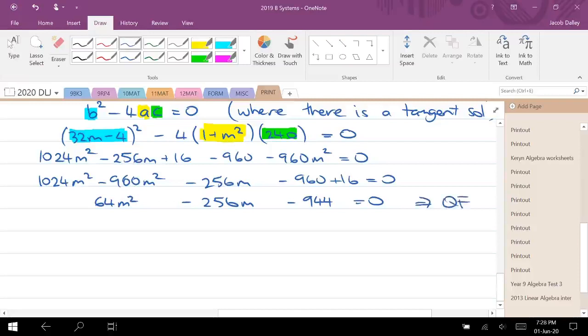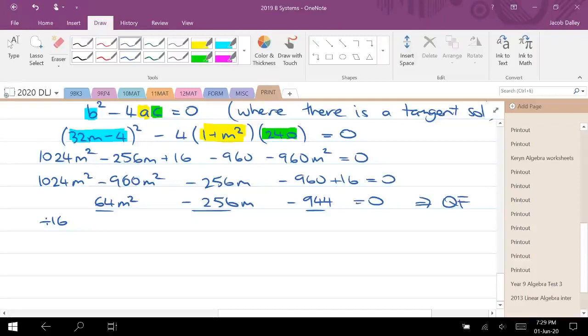Okay, so at this stage, to solve for the answers of m, you can go straight to the quadratic formula. But I generally like to simplify my numbers, and I actually halved it 4 times in a row. So actually you can divide all of these coefficients, 64, 256 and 944, by 16.